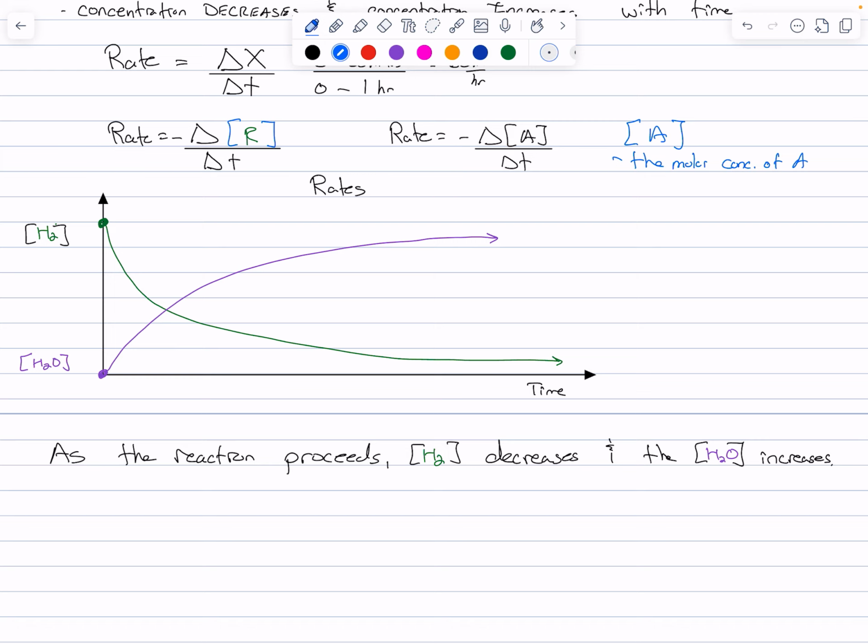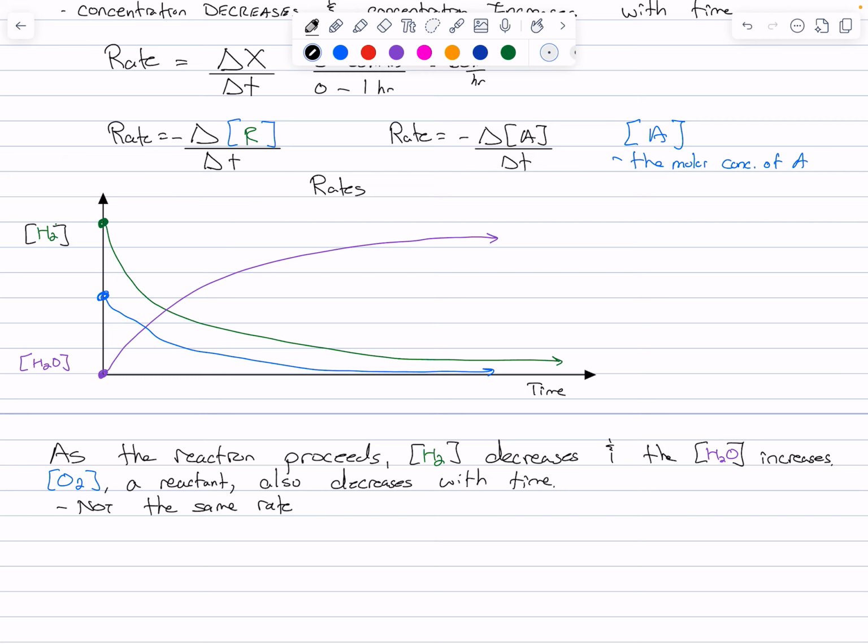If we started, let's say here, the concentration of O2, which is a reactant, also decreases with time. However, it's not the same rate.